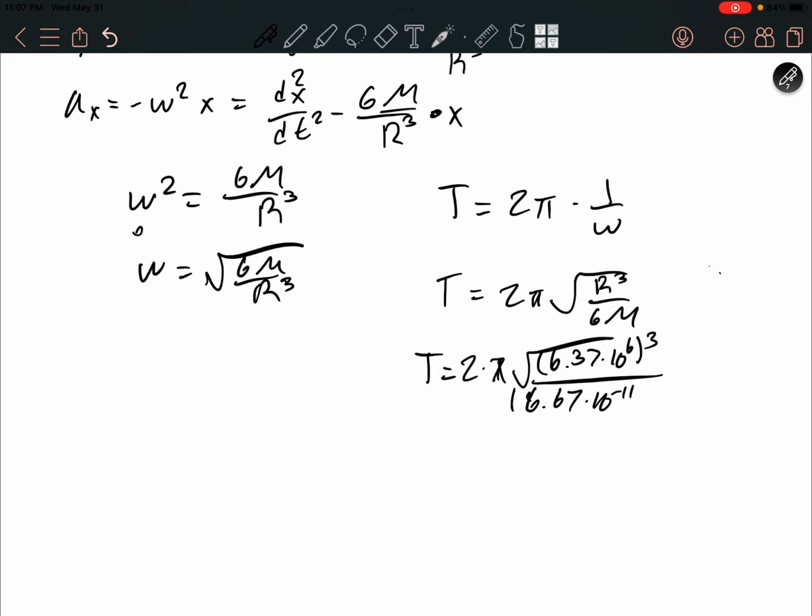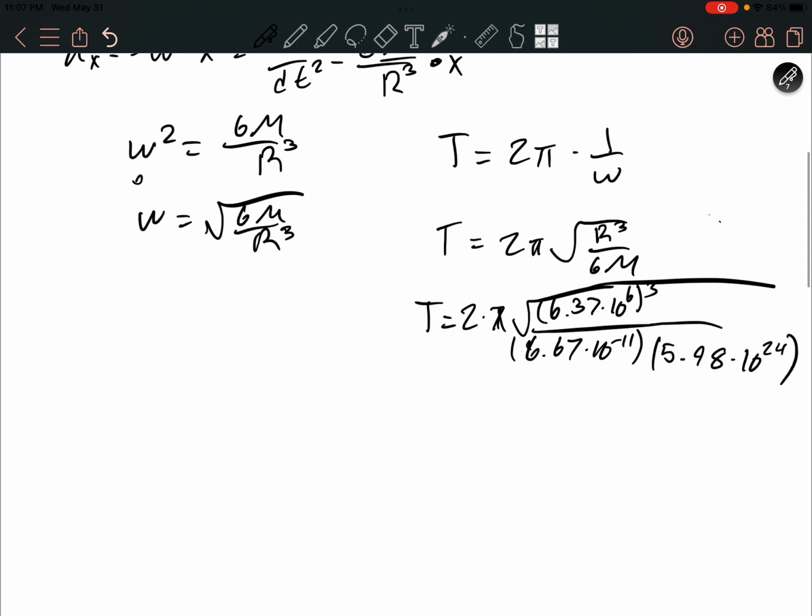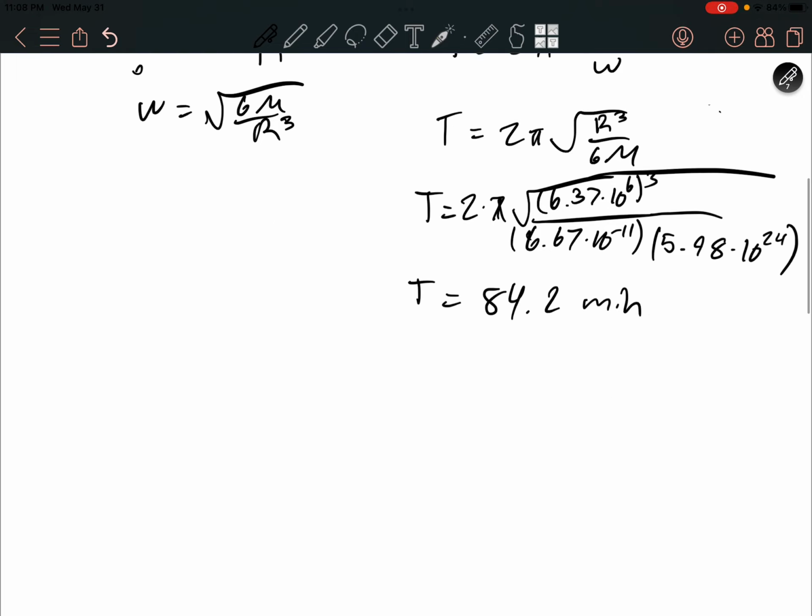Actually, yeah, green packet, maybe the blue packet. Multiply this by the mass of the Earth. Also, it doesn't give, but luckily the internet exists. So you do that, plug this all in, and you get 84.2 minutes. So you found the period.